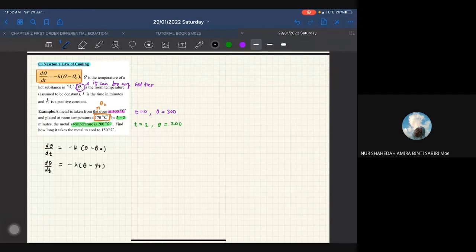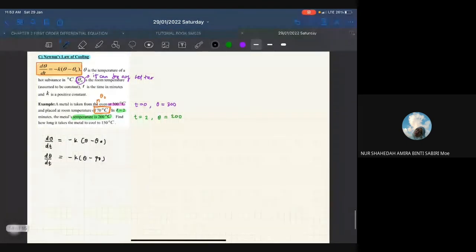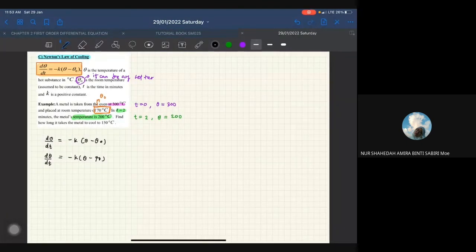Okay. Alright, so sekarang kita boleh gunakan separable variable. So bring theta to the left hand side and then bring t to the right hand side. So you will get 1 over theta minus 70 d theta equal to negative K dt, sorry, saya tertinggal something.